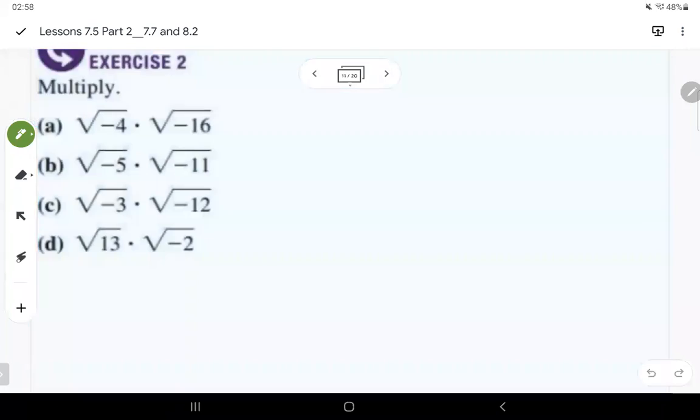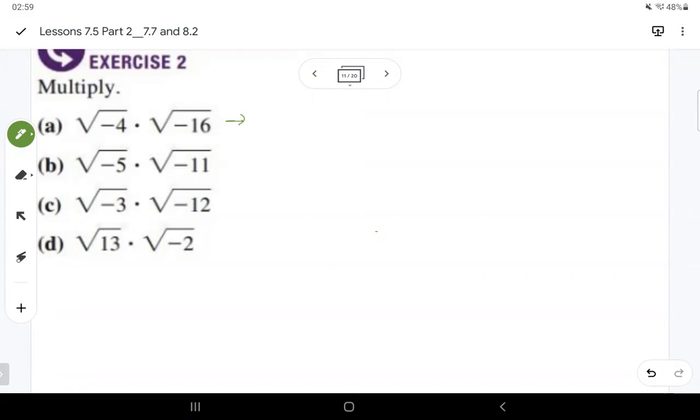Okay, let's keep going. Now we're going to multiply. So we would have here, instead of multiplying inside like you would want to do, what you're going to do first is change them into i's, although let me just double check something here.